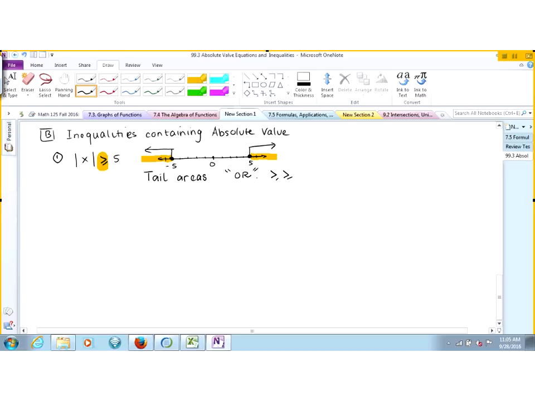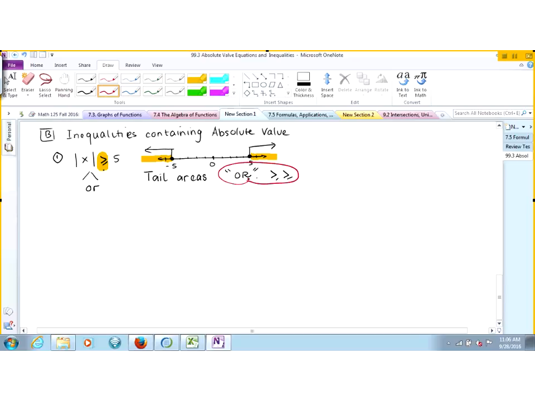How is my solution? x is less than or equal to negative 5, and x is greater than 5. So here, same thing, I'm going to replace my absolute value with an or. When do I use or?